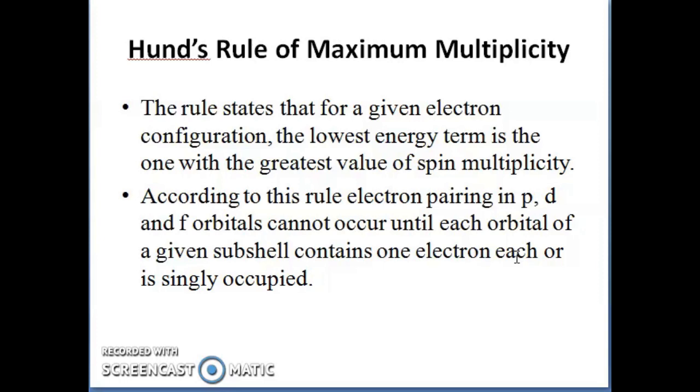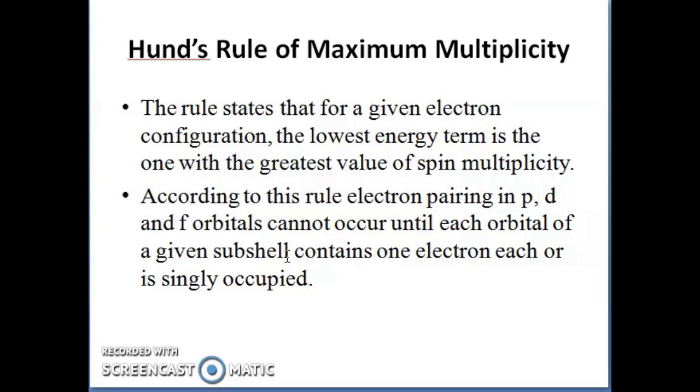When we are allotting electrons to a subshell, first we have to allot a single electron to each orbital, and then the pairing should start.